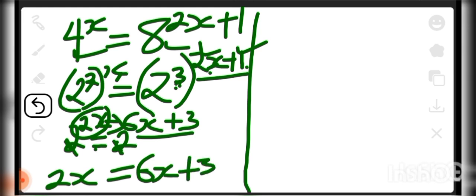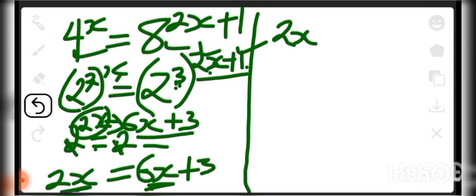So the next thing, from simple equations, what you have to do next is to collect like terms. Check, this one is having x. This one is having x. They are like terms. So you move them to one side. So you're going to have 2x.